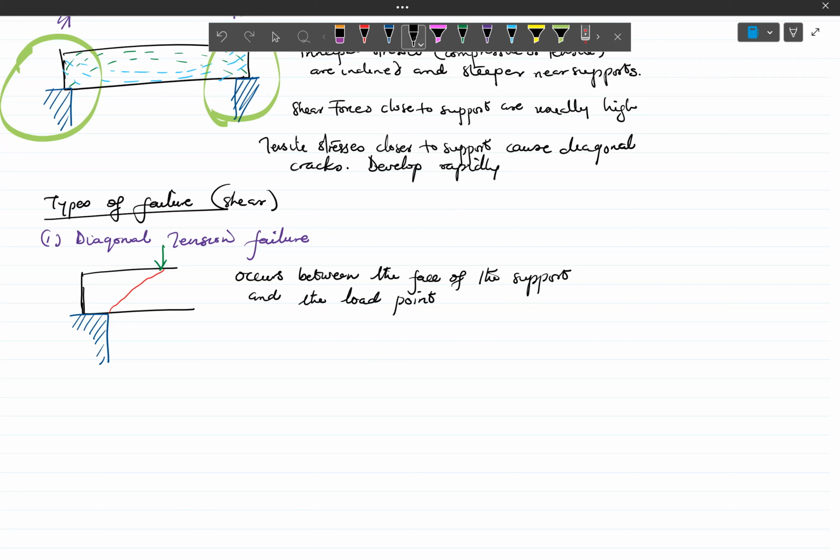So normally what this means is that if the tensile stresses, which can be developed from the shear forces, exceed the tensile capacity, which we know to be quite small for concrete, it means that we need to provide some reinforcement.